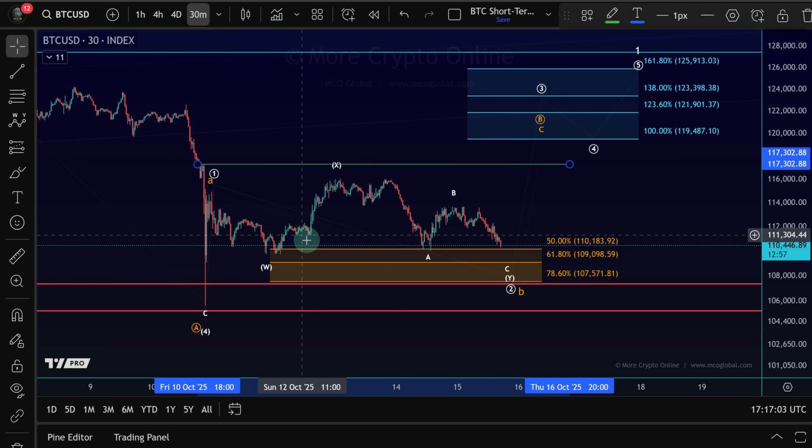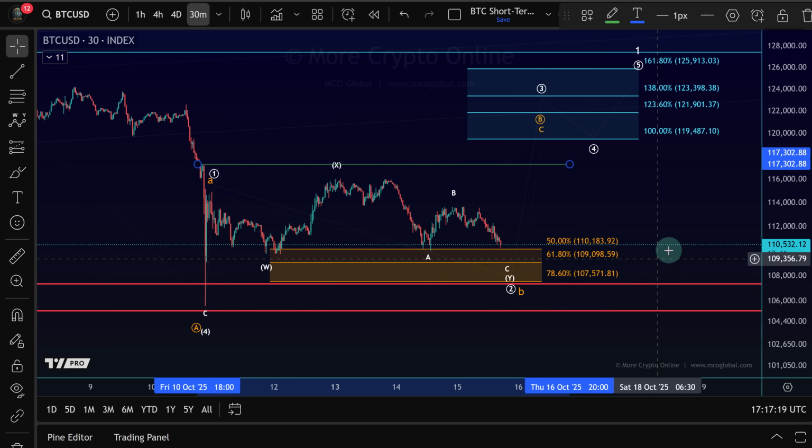So sideways action doesn't really give us a sense of direction, but we have a support area to watch for any potential turnaround. So I think all eyes now need to be on this support zone between 107,570 and 110,180.